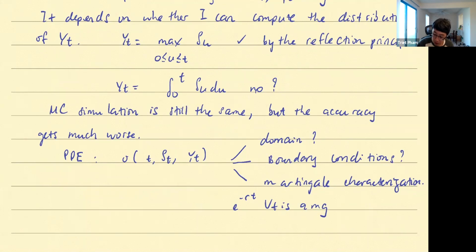When we say for the barrier option that the discounted option price is a martingale, we say that up to a stopping time.